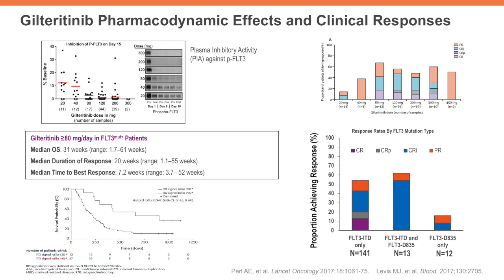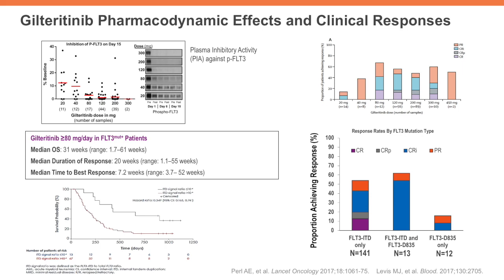What's different about gilteritinib is that it's a type 1 inhibitor and thus binds FLT3 kinase in both its active and inactive conformation, and this leads to a different pattern of kinase inhibition where substitutions in the kinase domain are less likely to cause resistance to gilteritinib than they are for a type 2 inhibitor such as quizartinib, where a D835 mutation clearly confers resistance to that drug.